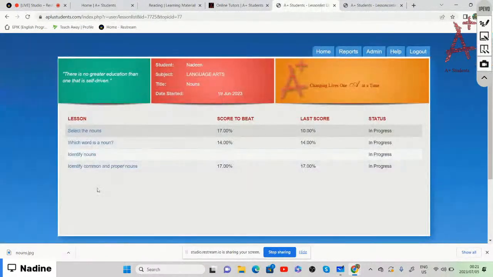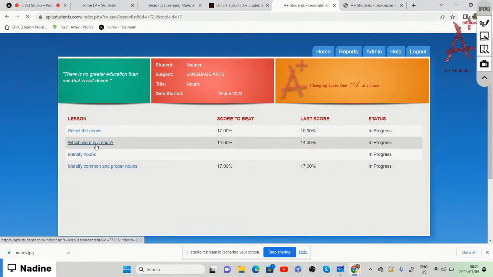All right, if we go back to our lessons, now we're going to go to the next one that says which word is a noun. We selected different nouns and we also said what a noun is. A noun names a person, a place, an animal, or a thing. So now we have to identify which word is a noun.